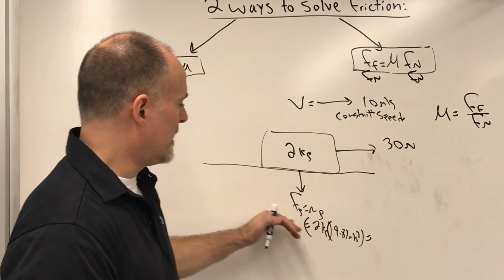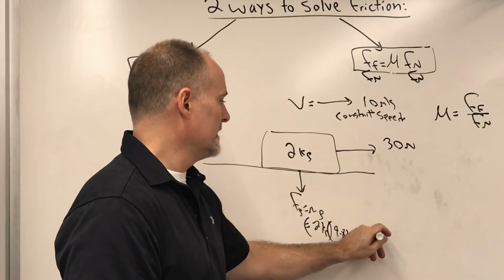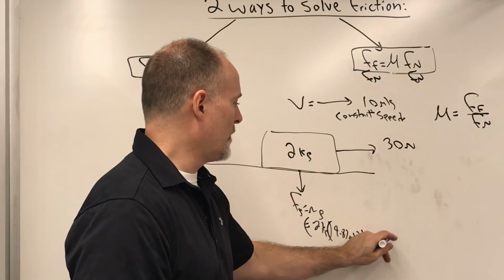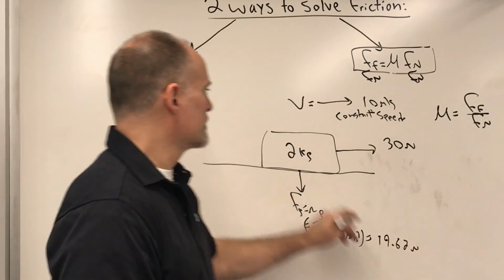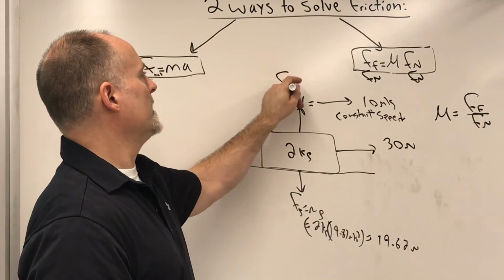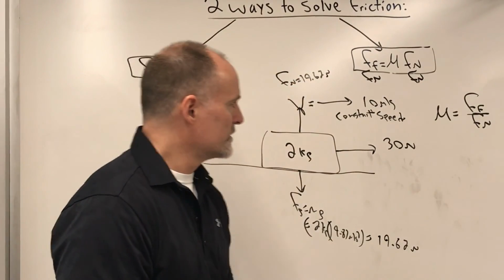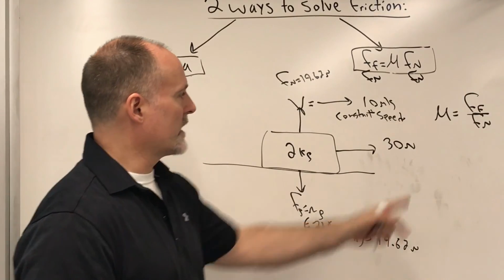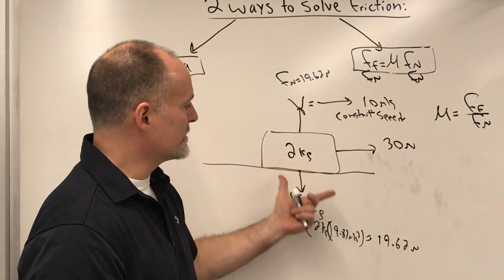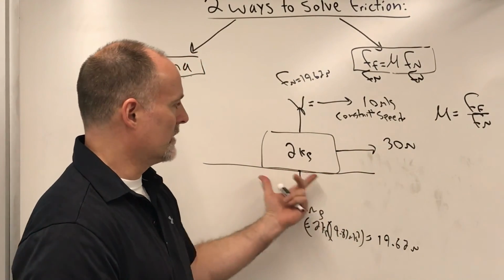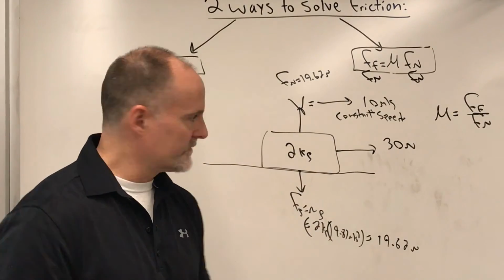We know that the weight is 19.62 newtons. So we know that the normal must be 19.62 newtons. So how do we get the coefficient of friction without knowing the surfaces in contact, right? Because we didn't make any mention of the surfaces.